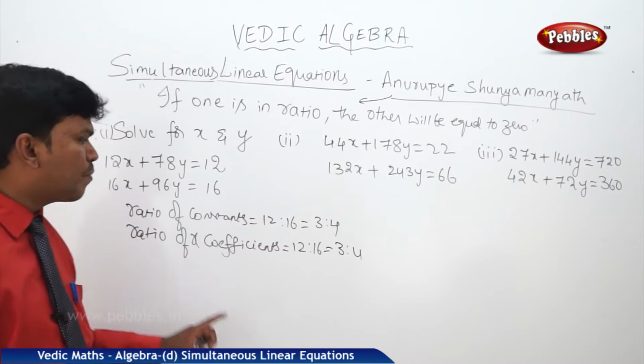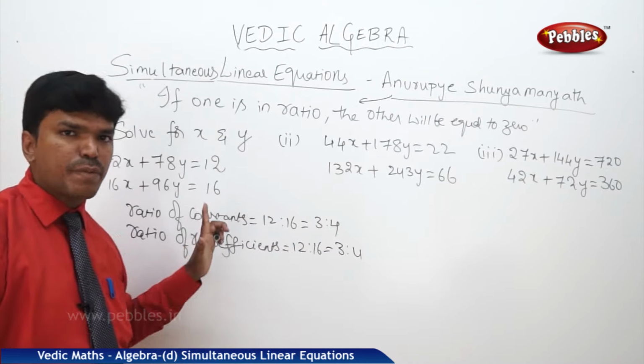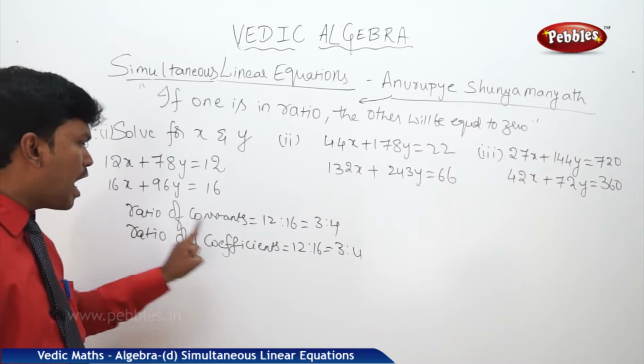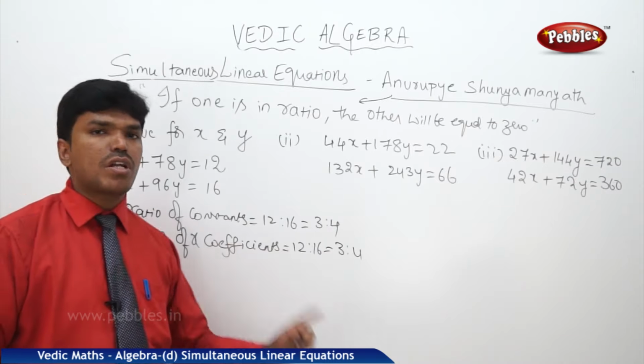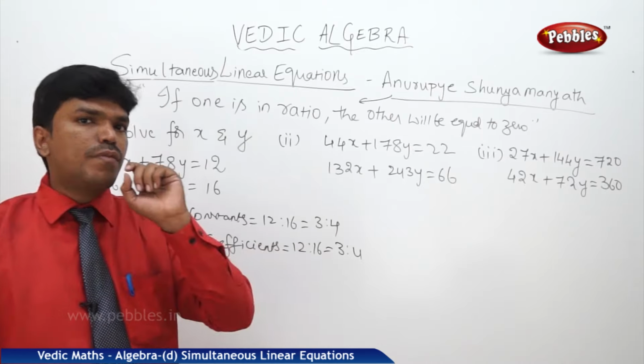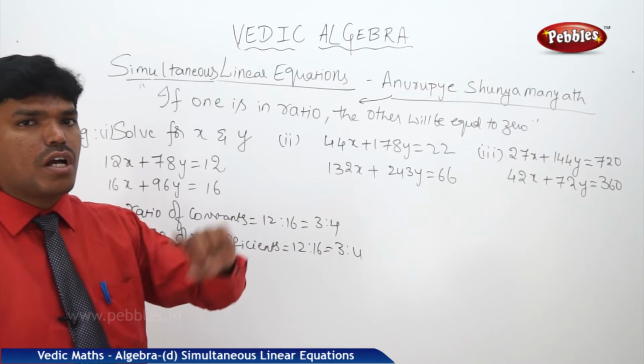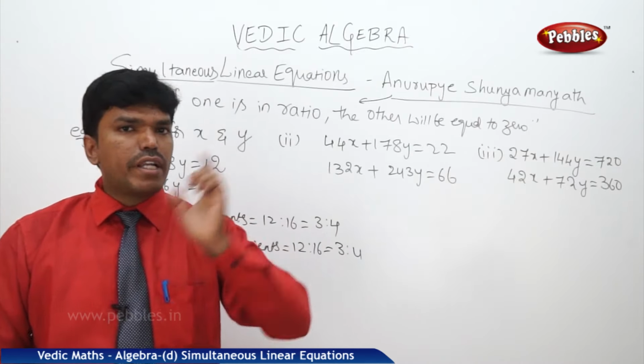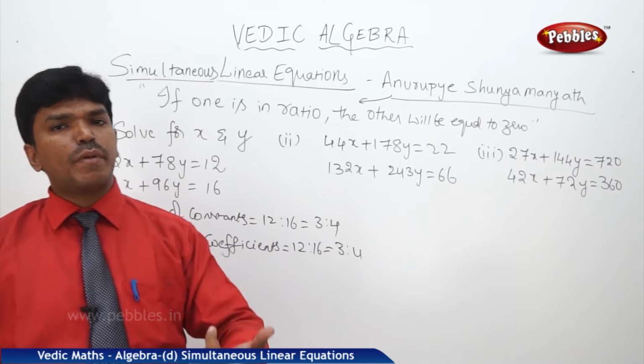Now, the ratio of constants as well as the ratio of x coefficients, both are the same. If one is in ratio, what is our rule? Anurupya shunyam anyat. If one is in ratio, obviously the other will become 0.